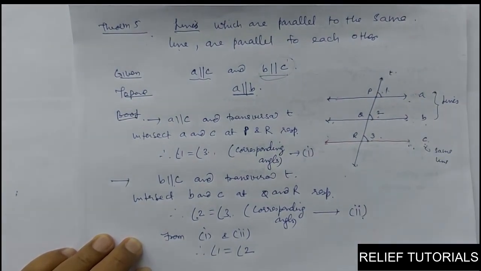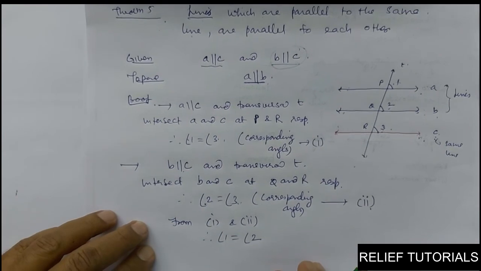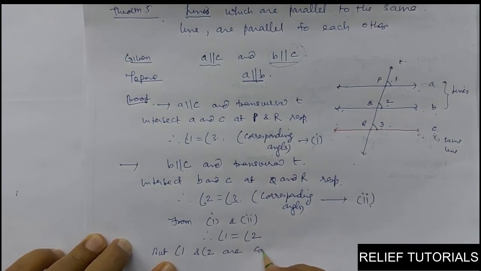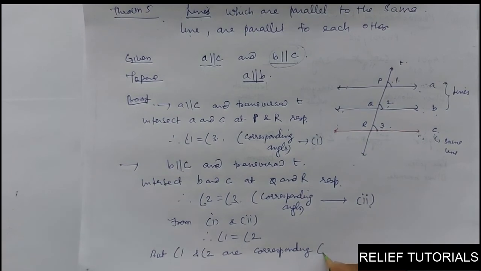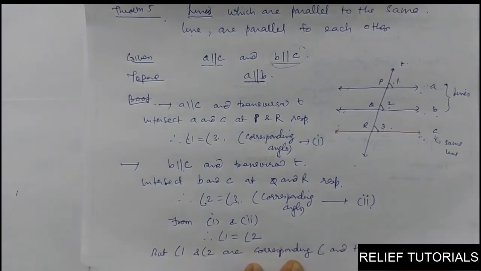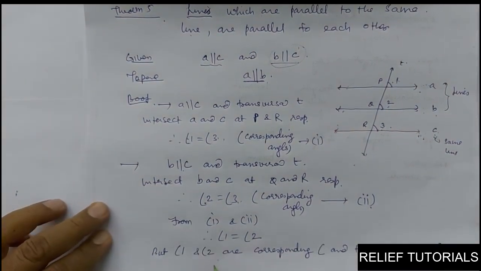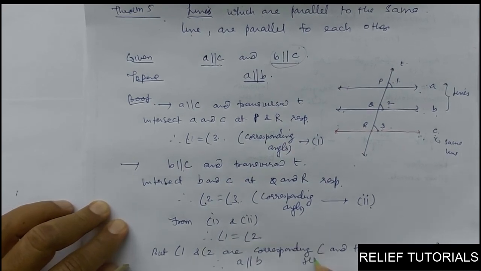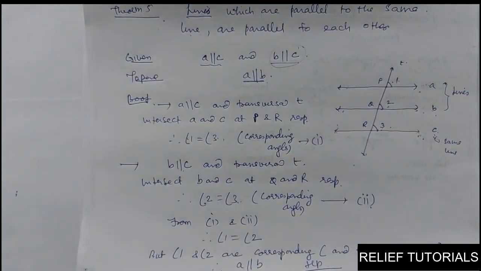So these two lines are parallel. Therefore we can say A is parallel to B, hence proved.